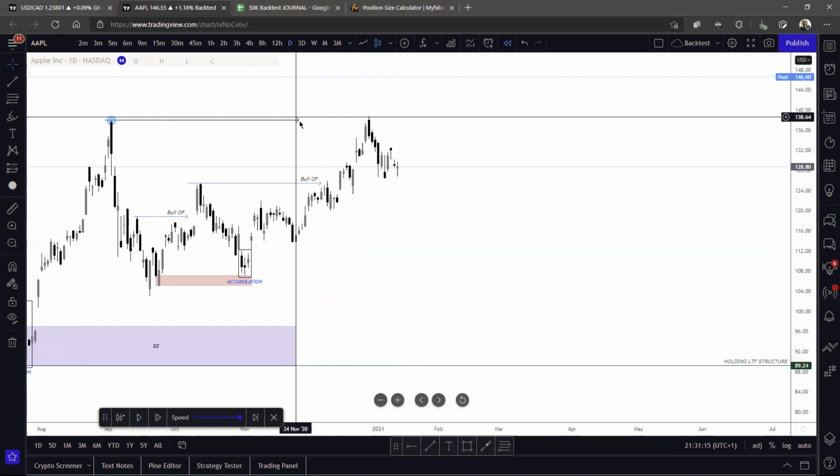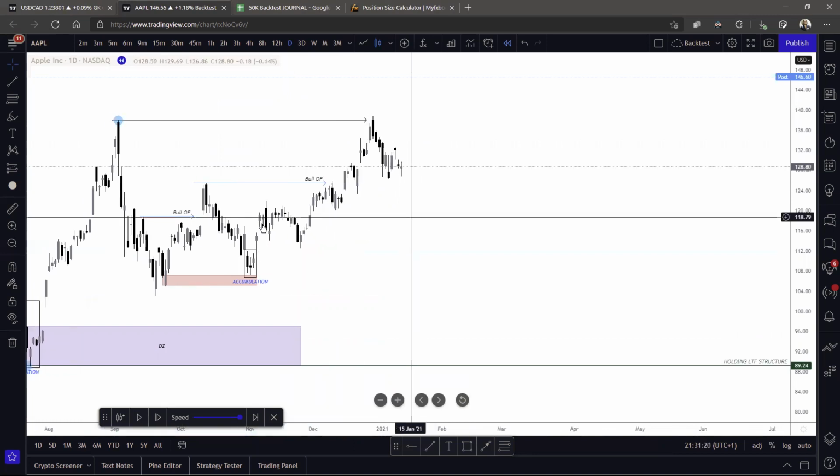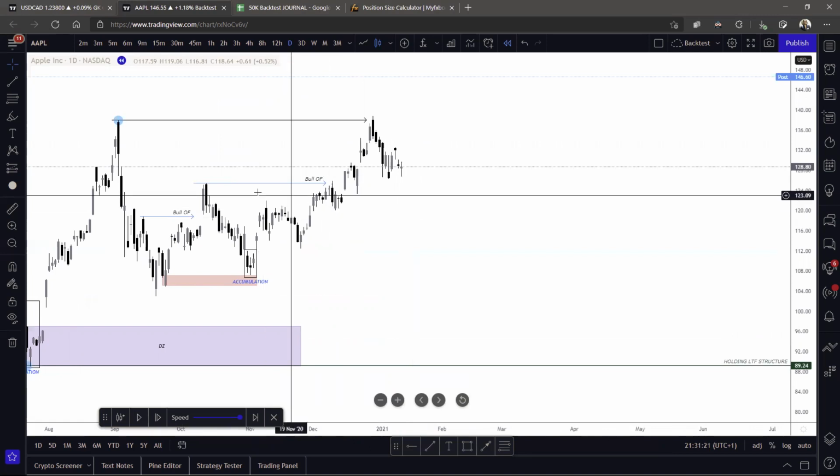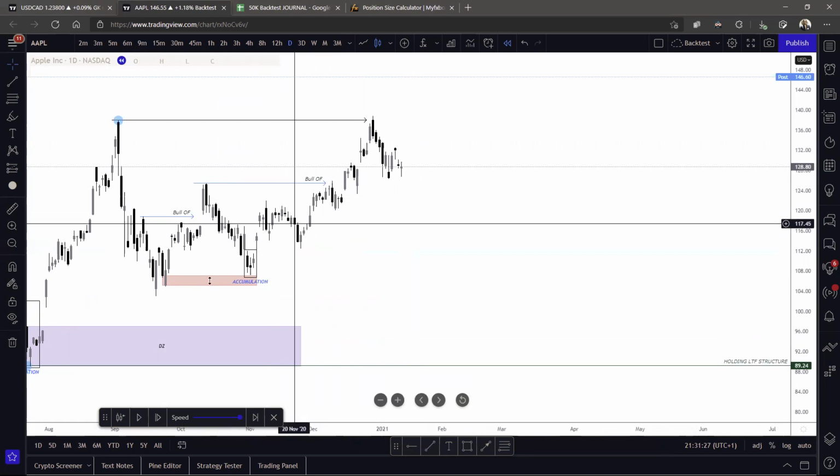So this is that break, and we can see this reaccumulation here. Okay, this is a point of interest.